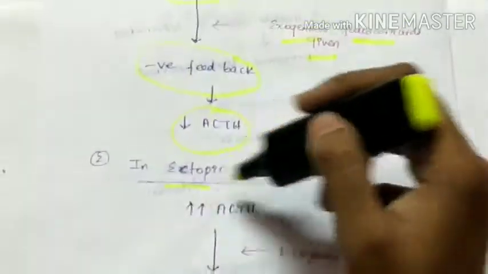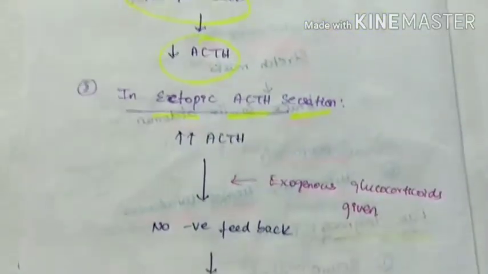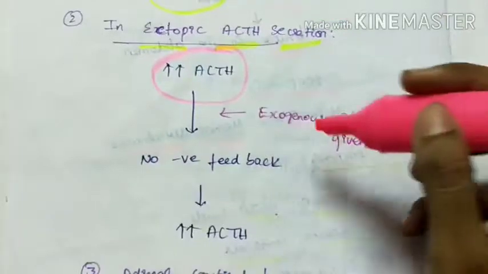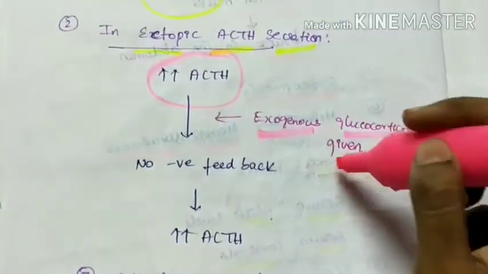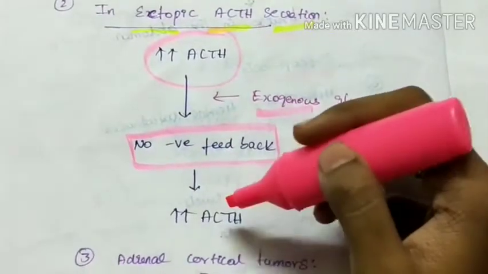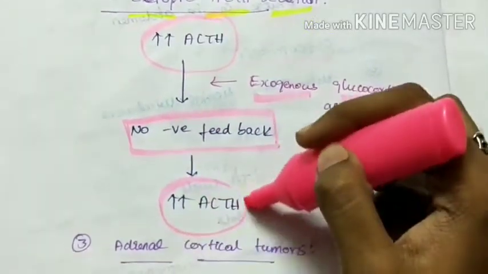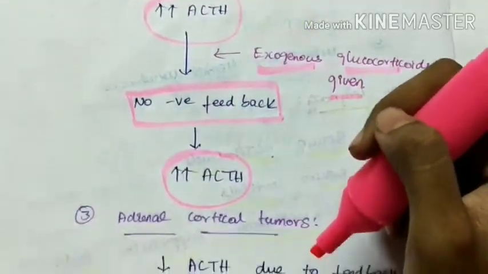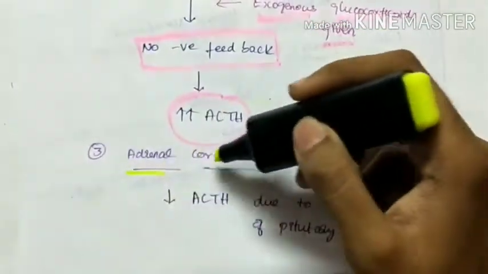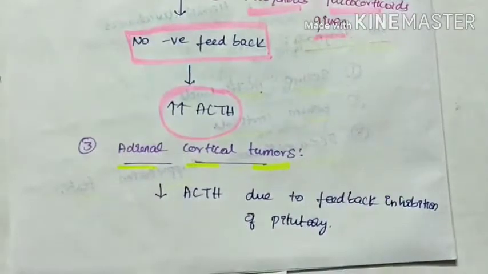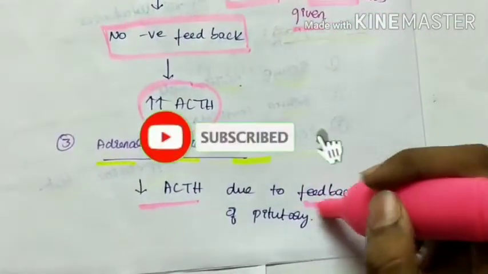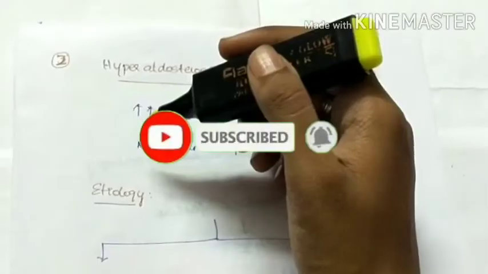Whereas in ectopic ACTH secretion, there is increased ACTH, and when the exogenous glucocorticoids are given, there is no negative feedback. So the ACTH level still remains on the higher side. Third is due to adrenal cortical tumors. There is decreased ACTH secretion due to feedback inhibition of the pituitary.